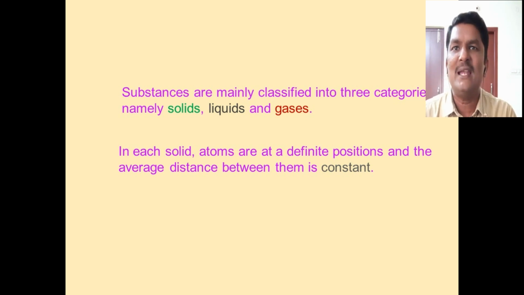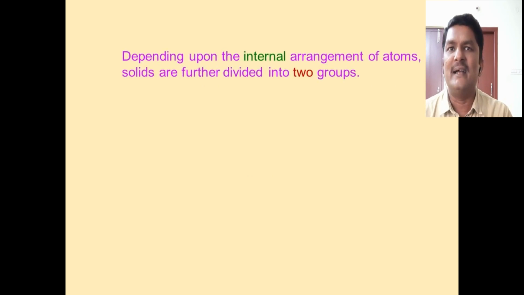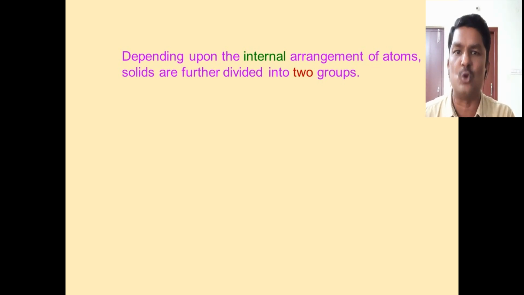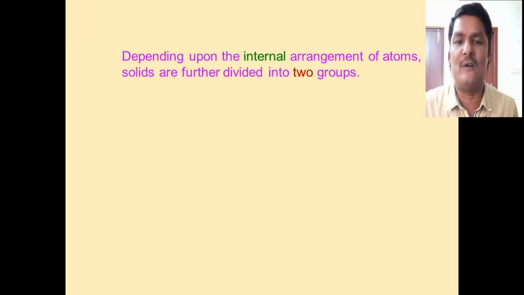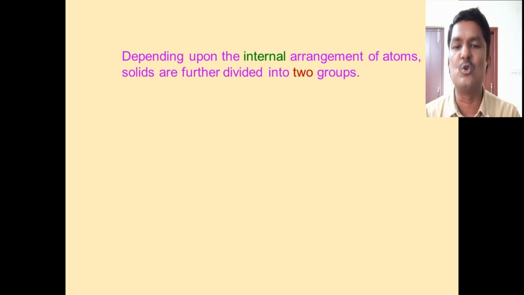Microscopically, substances are generally classified into 5 categories, that is solids, liquids, gases, plasma and Bose-Einstein condensate. But mainly the substances are classified into 3 categories only: solids, liquids and gases. Next, depending on the internal arrangement of atoms, solids are further divided into 2 groups.